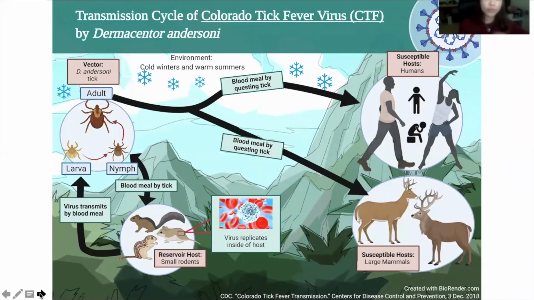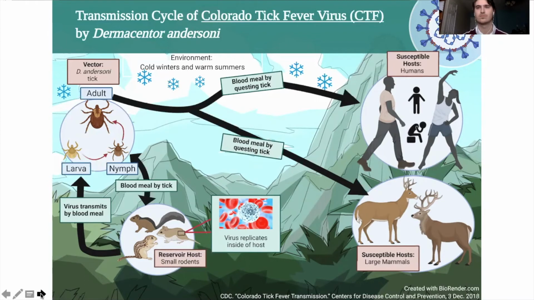And we have 3 susceptible hosts. In total, they are small rodents, large mammals, and humans. The small rodents are the host for the nymphs. The large mammals and humans are the host for the adults. They all live in the Colorado mountain region that has cold winters and warm summers.